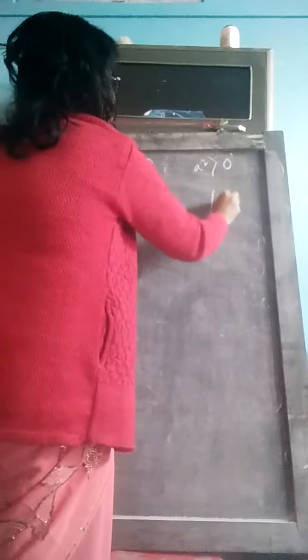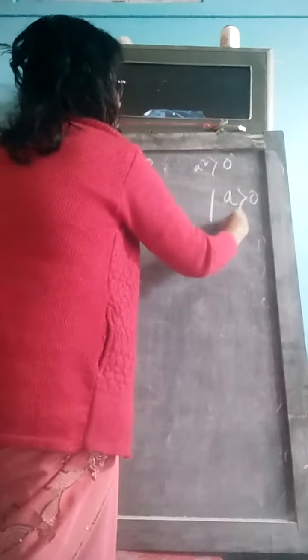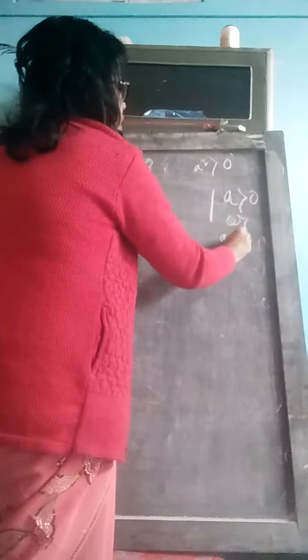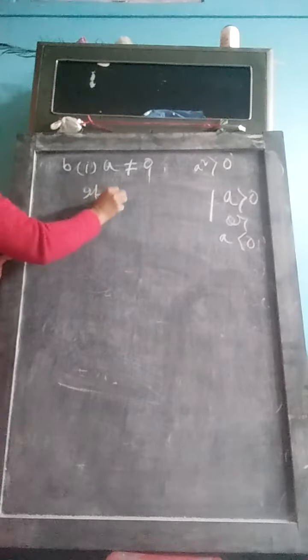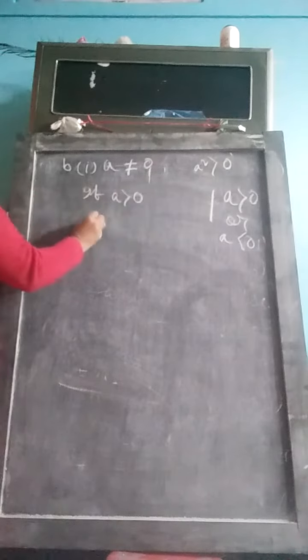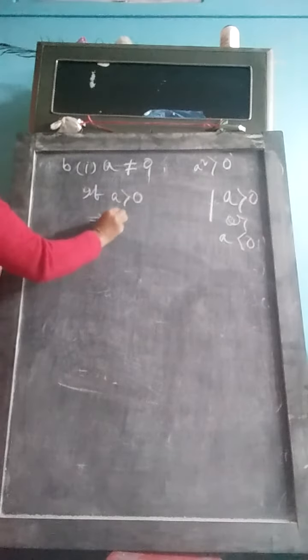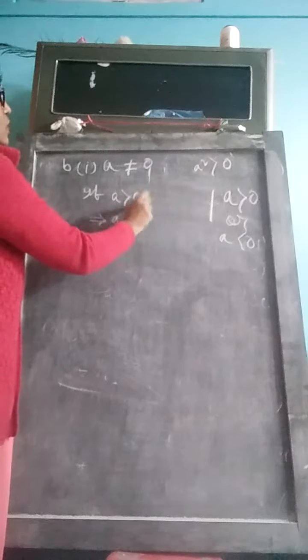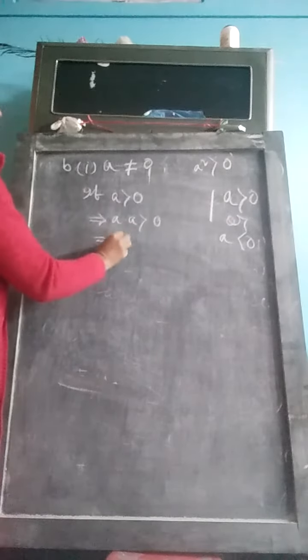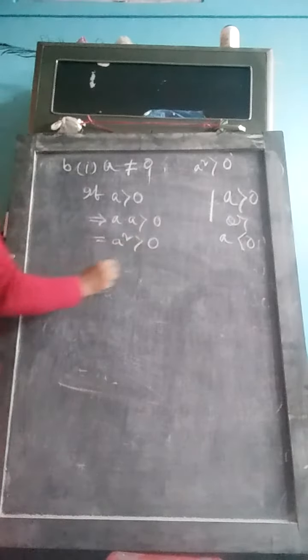If A is not equal to 0, A is greater than 0, or A is less than 0. Okay? Now if A is greater than 0, if we multiply both sides by A, 0 into A is equal to 0. That means A square is greater than 0.